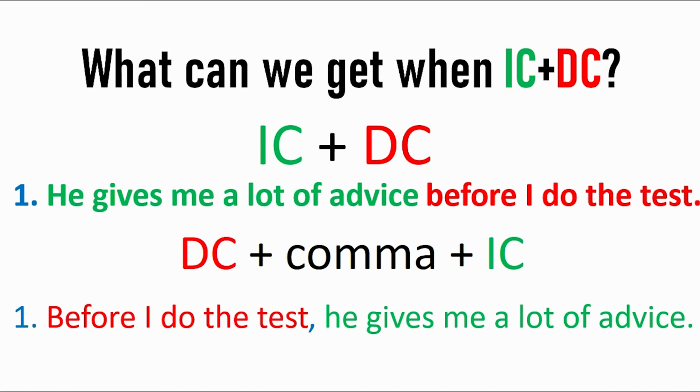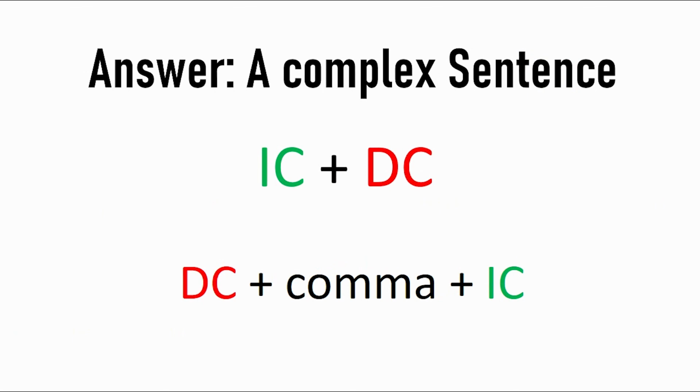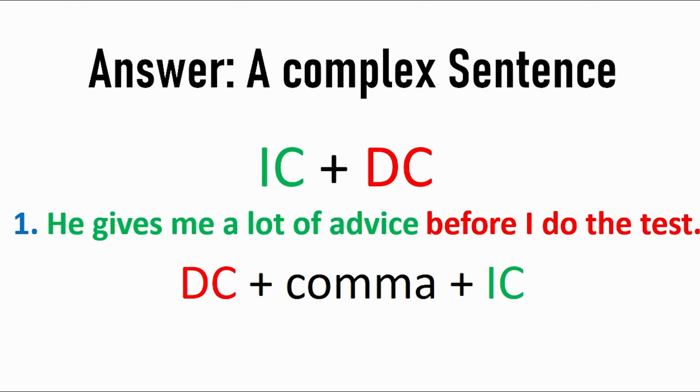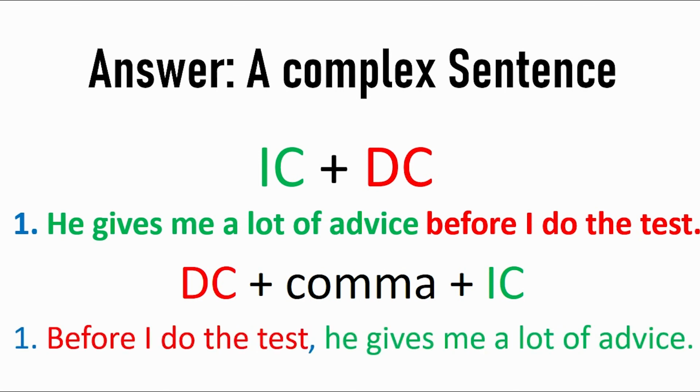And after the subordinate clause, you must put a comma, and then you complete the sentence with the IC. So when IC plus DC or DC plus comma plus IC, we get a full complete sentence. Let's read again. He gives me a lot of advice before I do the test. And number 2, before I do the test, he gives me a lot of advice.